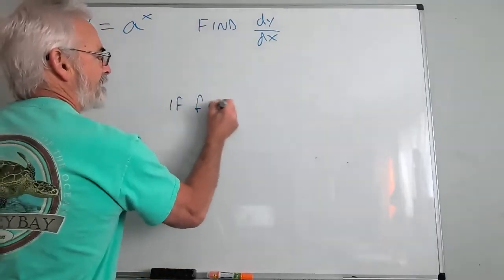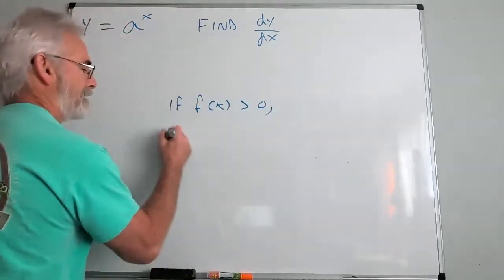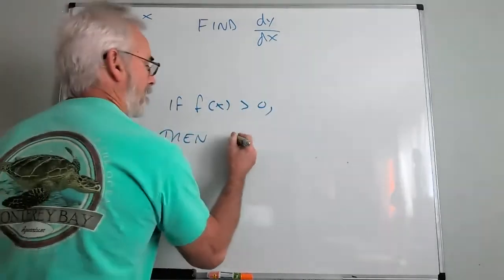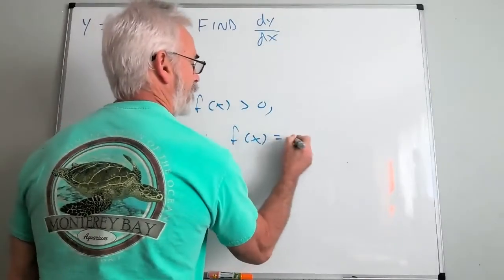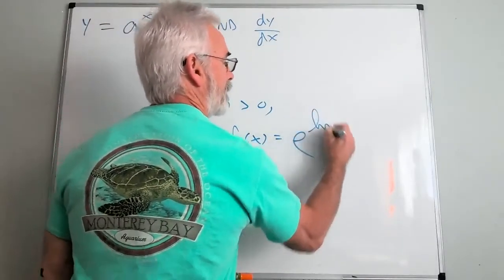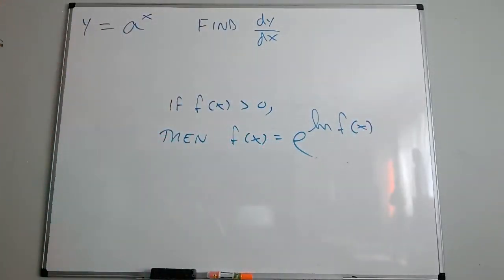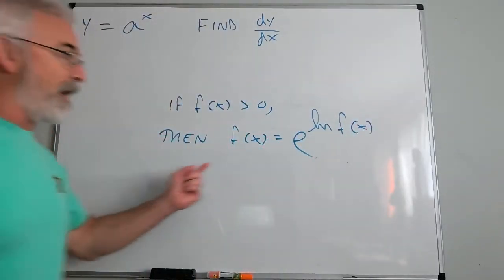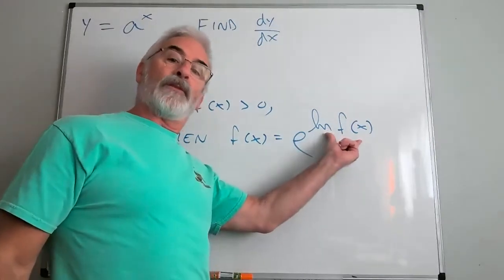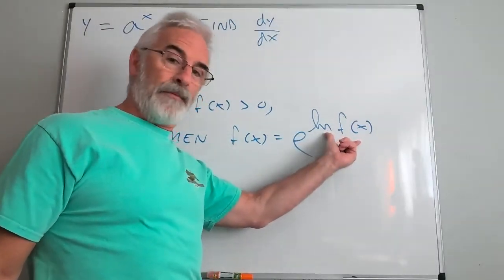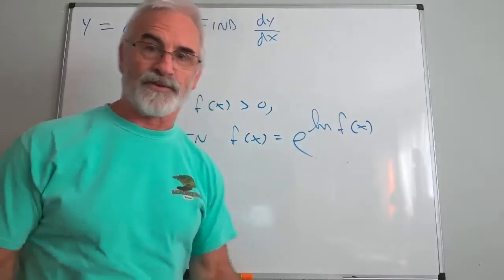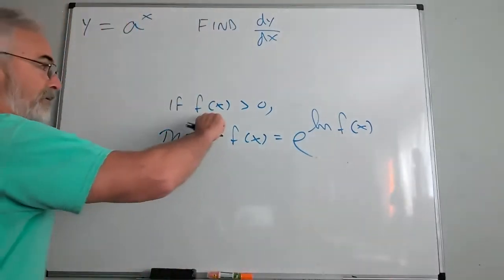If f of x is positive, then f of x is equal to e to the log of f of x. That's an absolute. The reason f of x has to be positive is because I'm taking the log of f of x. And if f of x is not positive, then I'd get imaginary numbers, and we don't want to go there. So my function is positive.